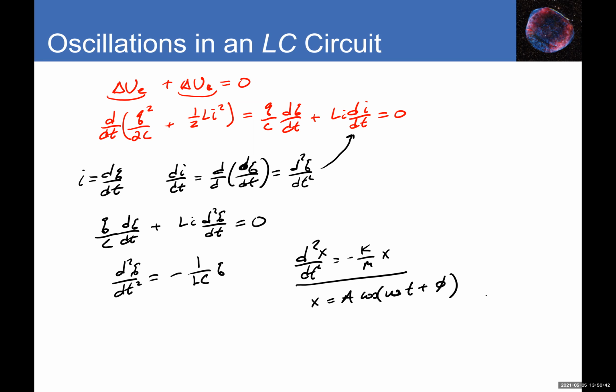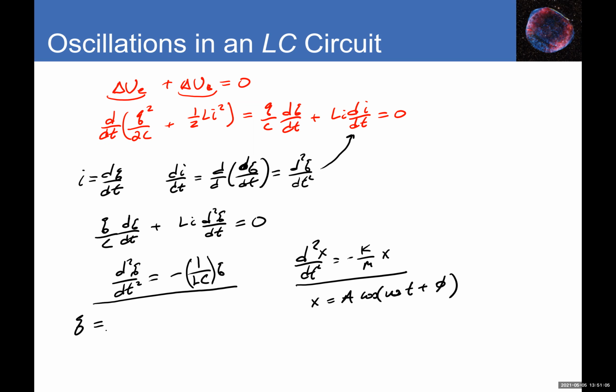One thing we can do here, because it's exactly the same format, taking 1 over LC to be a constant, you have on the left side the second order derivative of q with respect to time, and on the right side the negative of q. So we can say that q equals some amplitude.